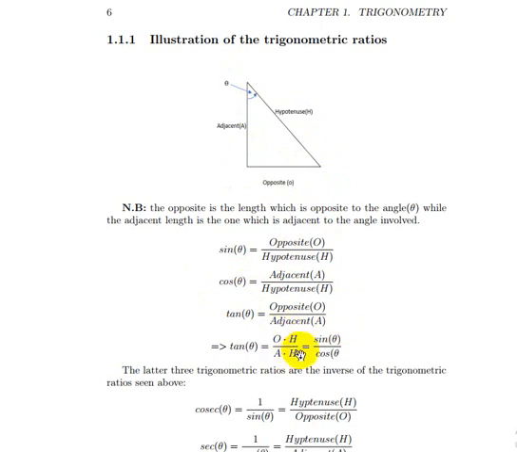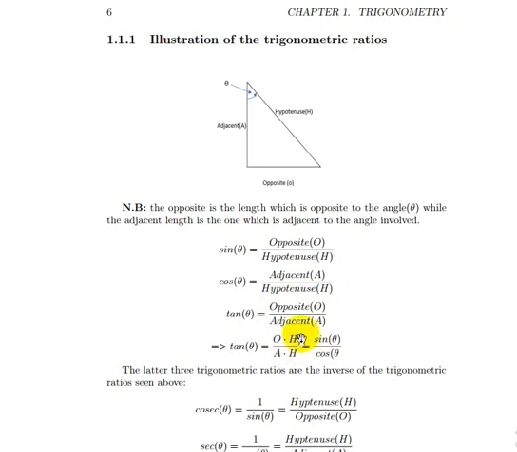Now again, you need to know that opposite all over adjacent is the same as opposite times hypotenuse all over adjacent times hypotenuse. So the hypotenuse here and the hypotenuse here can cancel. This one is similar to the first, with only a small change, just by addition of hypotenuse on the numerator and on the denominator.